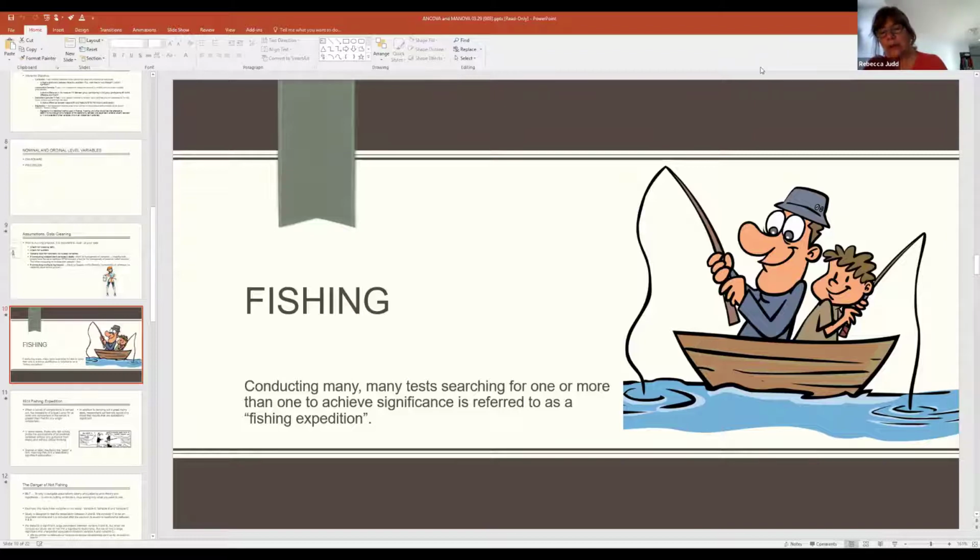That's where we get into this concept of fishing. When you create your research study, you have a focus, you have a hypothesis, or you have a research question. It's very much directed, okay? You know what variables you're going to be looking at to answer that research question.